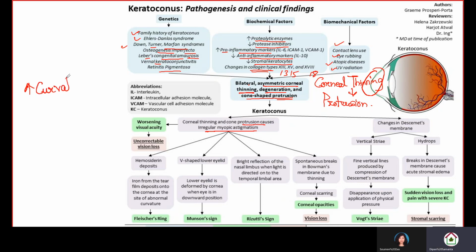More convergence leads to myopia. The extremes of the light beams will converge before falling onto the retina, and there will be irregular myopic astigmatism as well. Astigmatism, not only myopia, myopic astigmatism will be there.